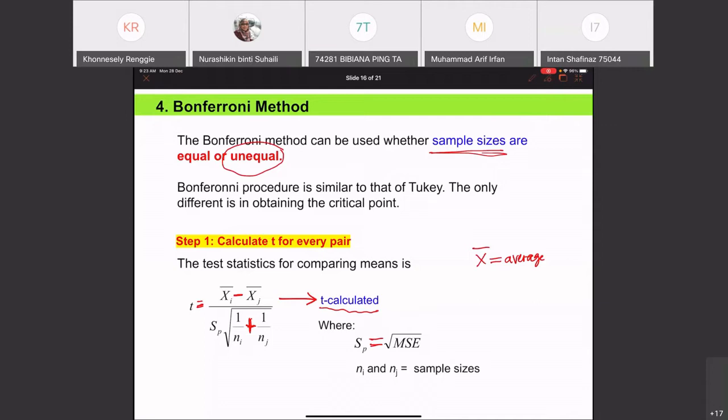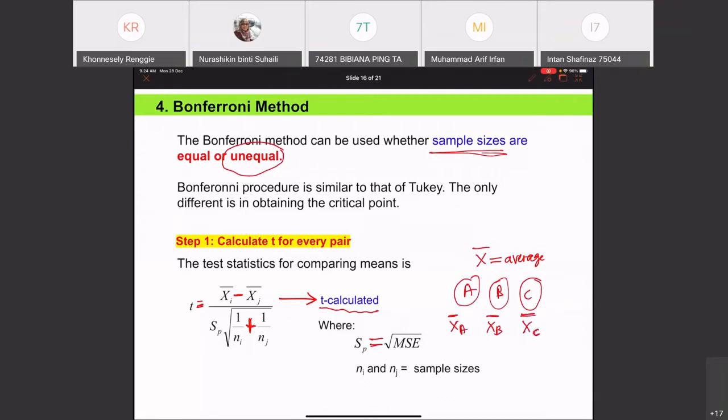So X_i and X_j are referring to the two samples that you are comparing. Let's say you have samples A, B, C, for example. You must have the average for sample A, the average for sample B, and the average for sample C, right?